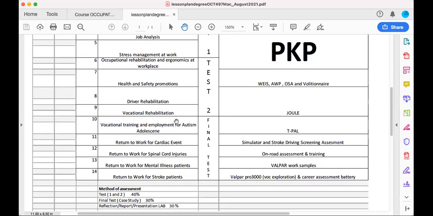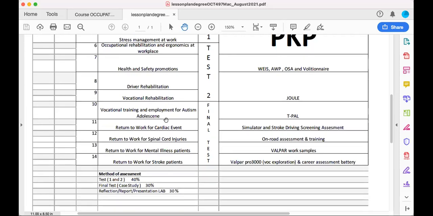And then vocational rehab is for disabled cases, adolescents, cerebral palsy, mental retardation, how we do vocational rehab for them. So that is covered in the 9th week.